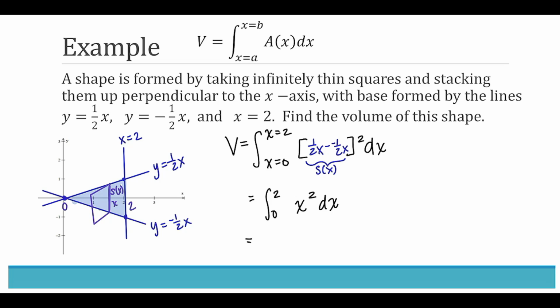So now the antiderivative is x cubed over 3 evaluated from 0 to 2. So 2 cubed over 3 minus 0 cubed over 3 is simply 8/3. Because we're finding a volume, our units would be units cubed.